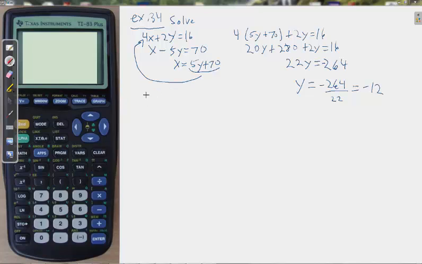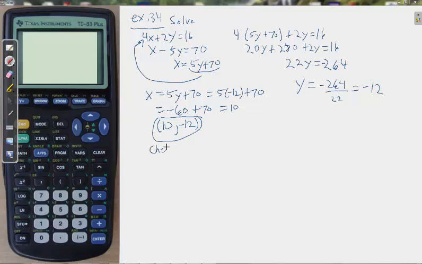So y equals negative 12, x equals 5y plus 70 equals 5 times negative 12 plus 70. That's negative 60 plus 70 equals 10. So the solution is 10, negative 12. And we can do a check. I should have really checked first.